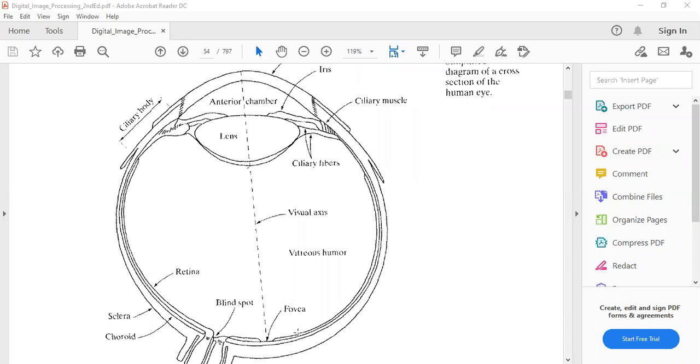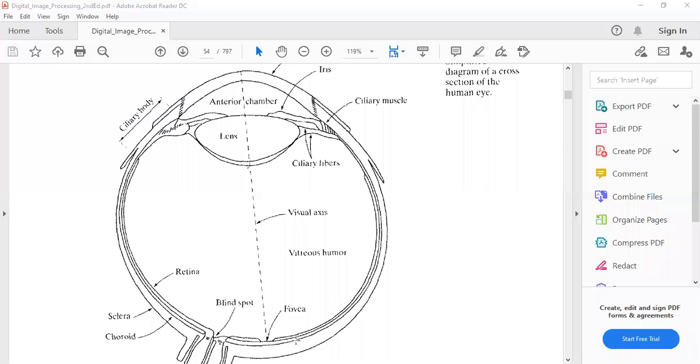These are light receptors. As I said, it contains 6 to 7 million cones and 75 to 150 million rods, distributed over the retinal surface. Is it clear? And the visions we have are the scotopic vision and the photopic vision.